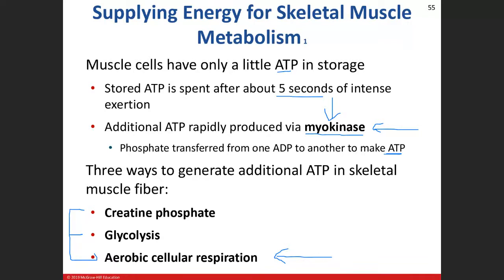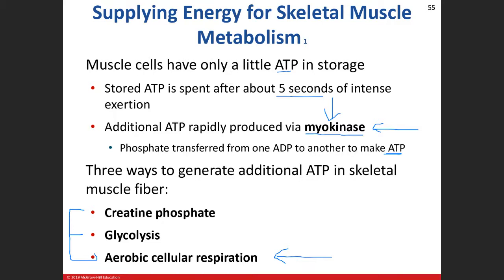If you have no oxygen present, you can only get 2 ATP from 1 molecule of glucose. If oxygen is present, then you can get 32 ATP. So it's well worth it to have oxygen on hand. So pyruvate, if oxygen is present, gets brought into the mitochondria, and then it will get broken down so we can get more ATP.